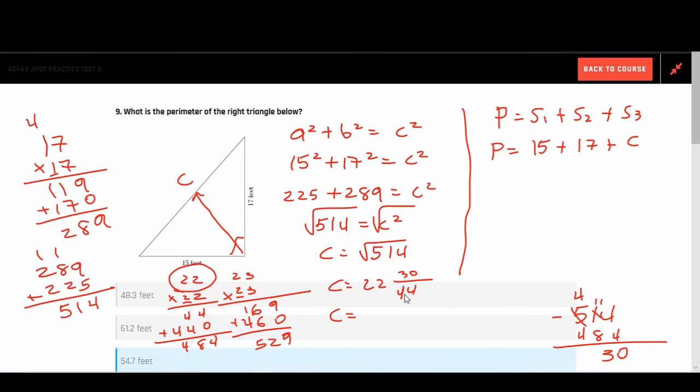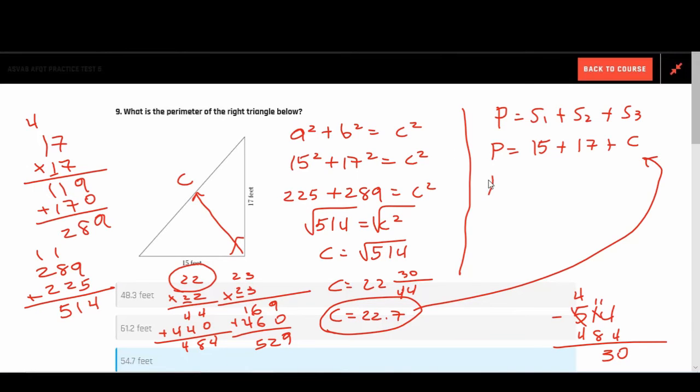And this is how you approximate this decimal. 22 point, and again, this is a little less than 0.75, so I'm going to call it 0.7. If you were to actually use your calculator to figure out the square root of 514, it'd be 22.67, which we can round up to 22.7, but I use this little shortcut right here to approximate that very accurately and quickly. So now I can take this and plug it in over here.